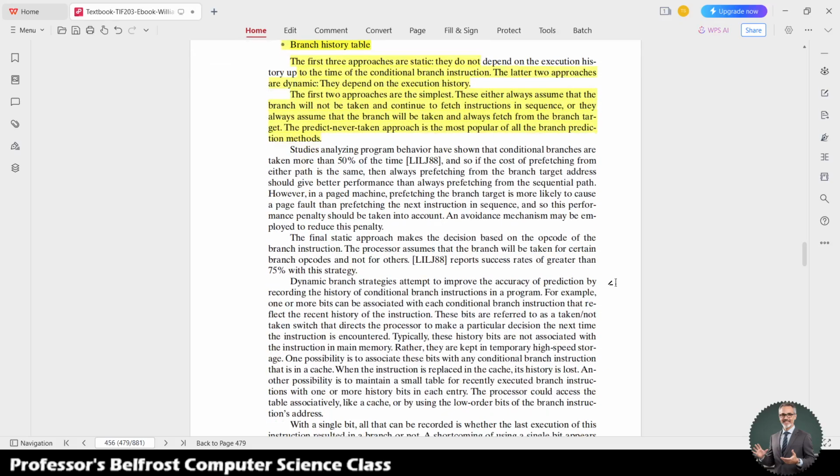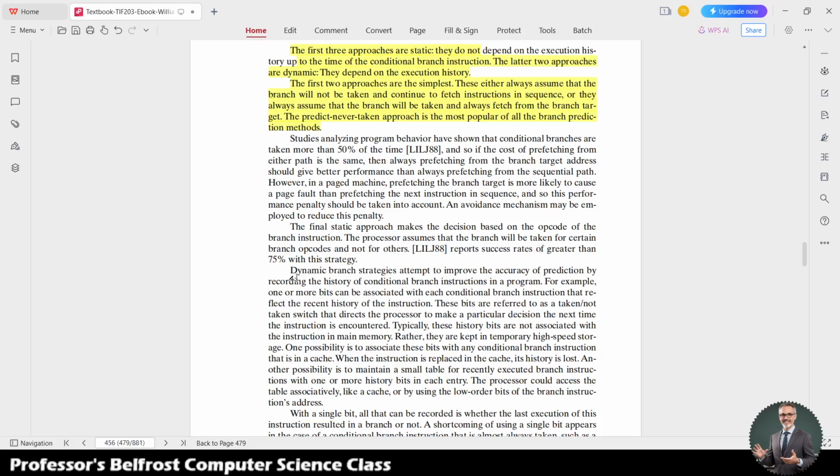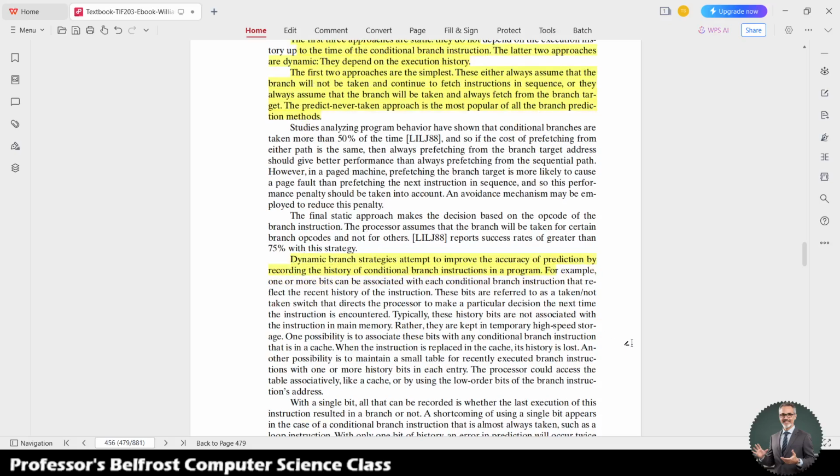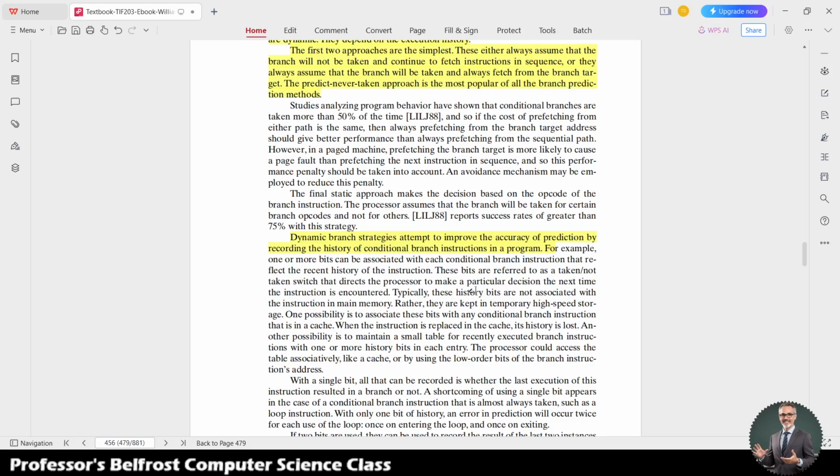Dynamic branch strategies attempt to improve the accuracy of prediction by recording the history of conditional branch instructions in a program. These bits are referred to as a taken/not taken switch that directs the processor to make a particular decision the next time the instruction is encountered.